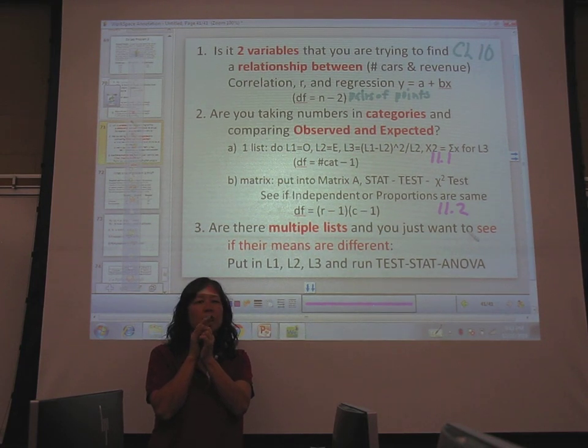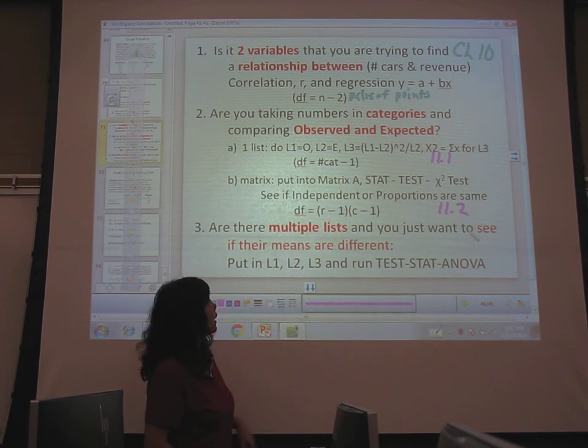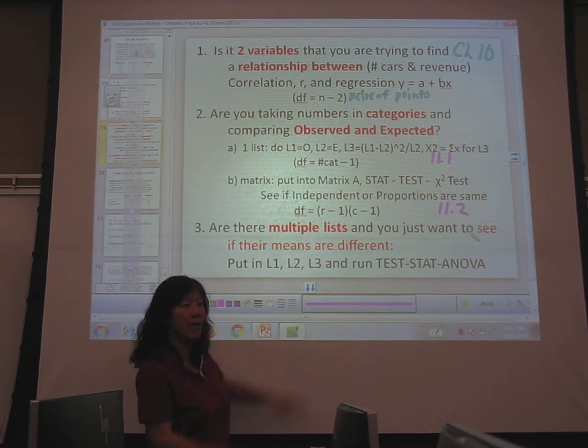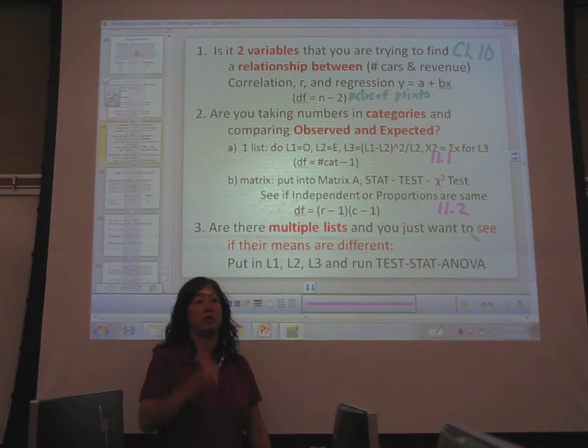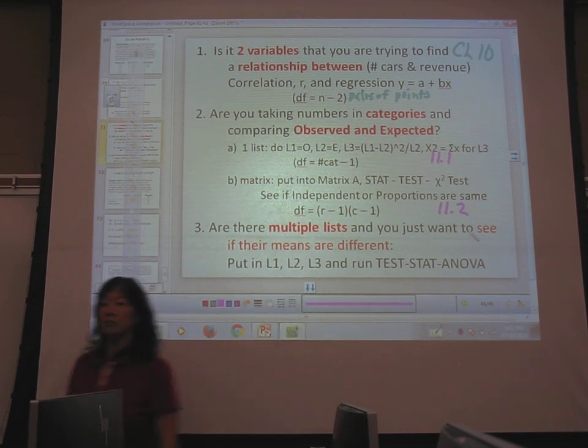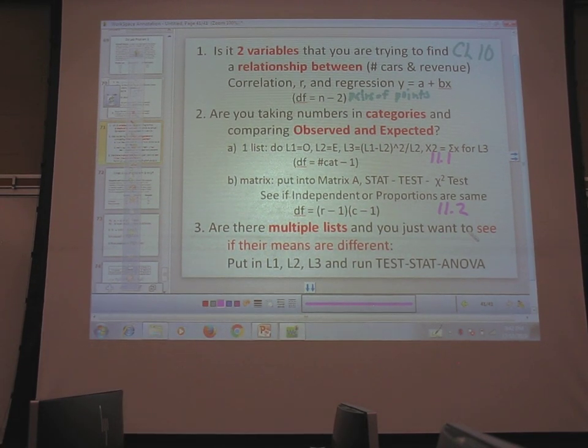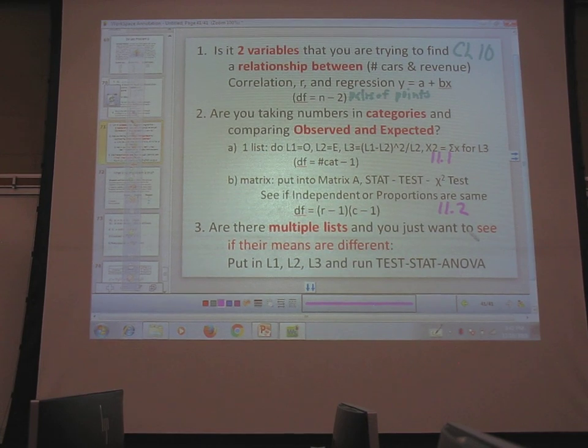So don't confuse them with chapter 9. This one will have 3 or more lists, absolutely. Good. Everybody kind of on board with those parts? Okay, so this is 11.3.